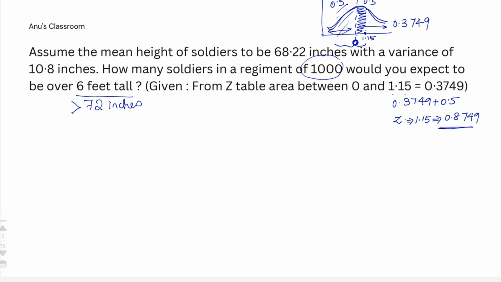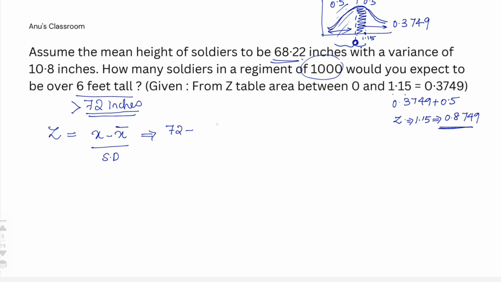Then you can multiply it by 1000 to get the approximate number of people greater than 72 inches out of 1000. First we need to find the Z point. For that, we subtract the mean from the point we desire and divide by the standard deviation. So the formula is x minus x bar divided by standard deviation.